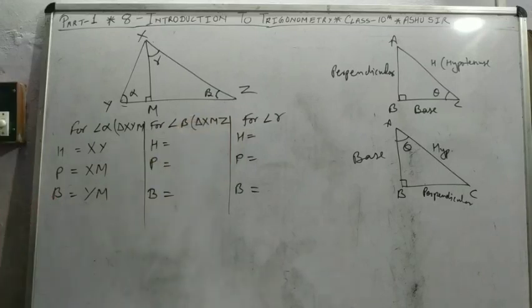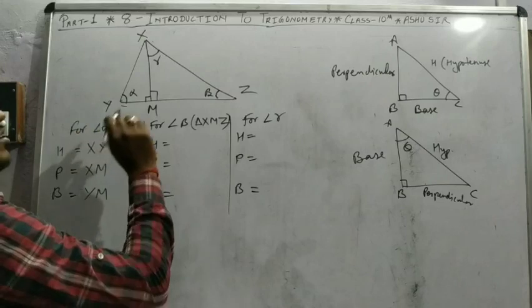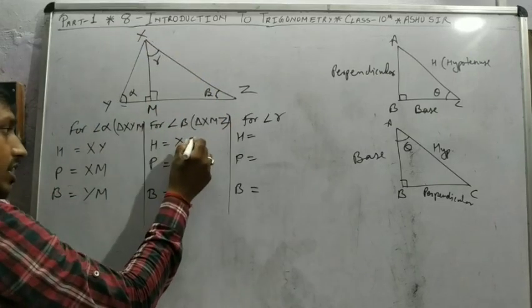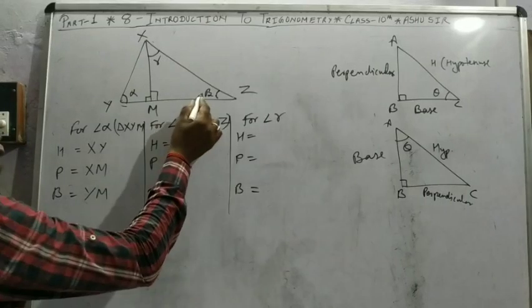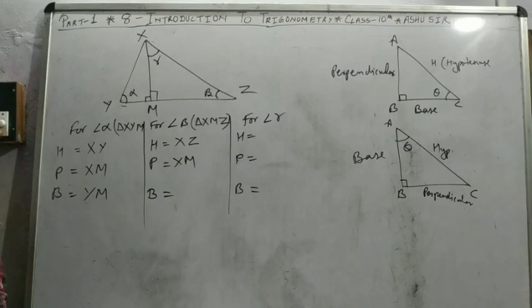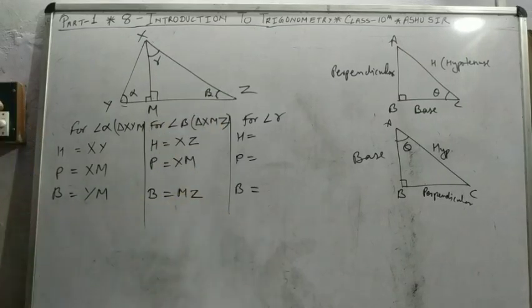We always take the right triangle. So opposite of 90 is XZ, the hypotenuse. Opposite of the angle is XM, the perpendicular, and the remaining side MZ is the base.